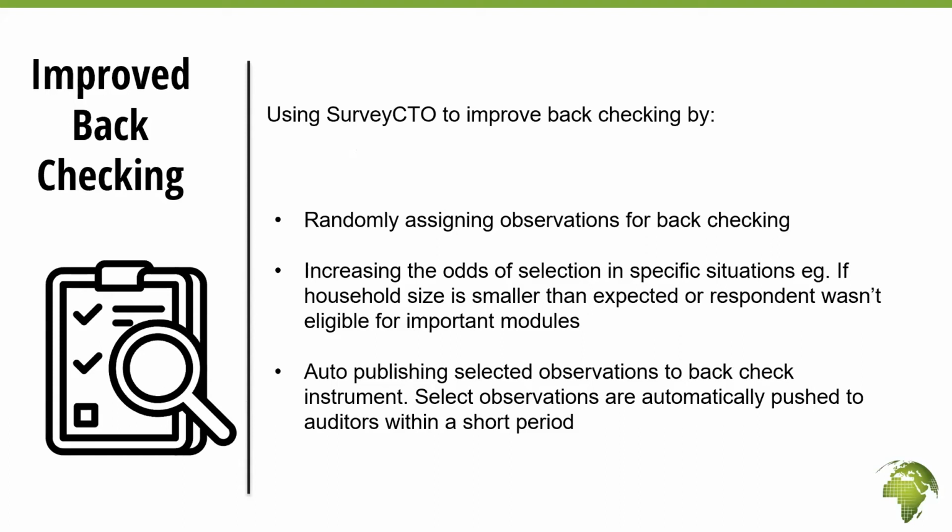One interesting thing that I have enjoyed about SurveyCTO is the ability for us to publish data from one form to another one. So because of this, we are able to greatly improve the way we do our back checking. Before, we had to have people submit their data sets, download the data, run the randomization in Stata or something else, re-upload the data again, the preloads, for them to go to the field and do the back checking.